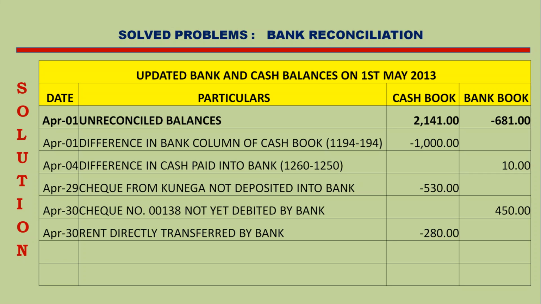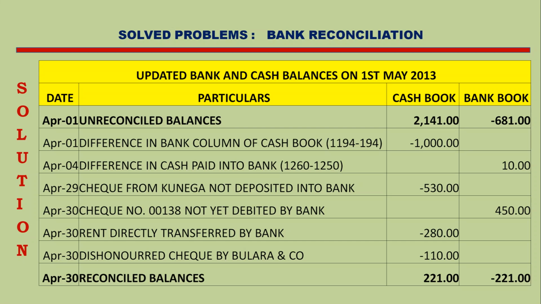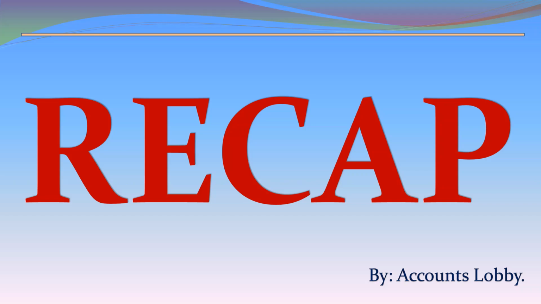April 30, rent directly transferred by bank, 280 minus in the cash book column. April 30, dishonored check by Bullara and Company, 110 minus in the cash book column. April 30, reconciled balances as per cash book 221 debit, as per bank book 221 credit. Recap.